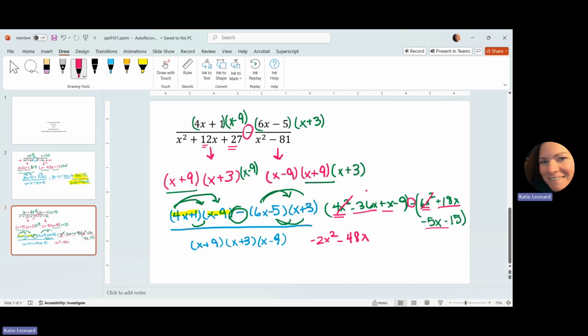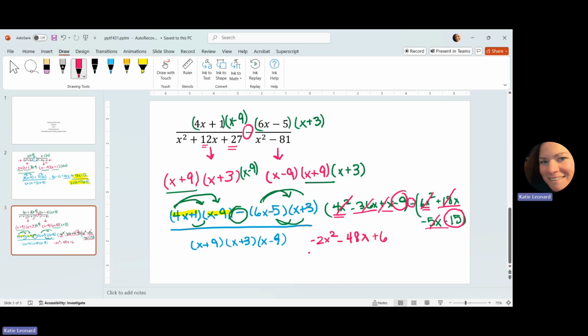All right, I know that's a long one: negative 36 plus 1 minus 18 minus negative 5. And again, you should get negative 48x. And that leaves me with negative 9 and negative 15. Negative 9 minus negative 15 is a positive 6.